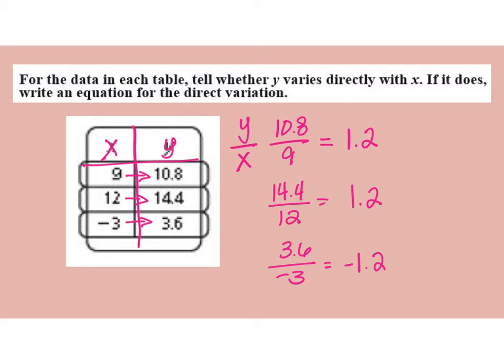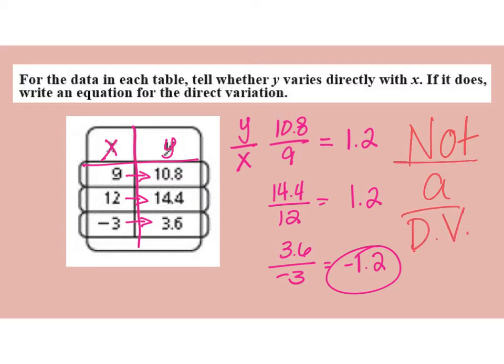So are we multiplying by the same thing every time? No. Because of this one right here, that automatically makes this not a direct variation. So we cannot write that equation, and this is your answer. It's not a direct variation.